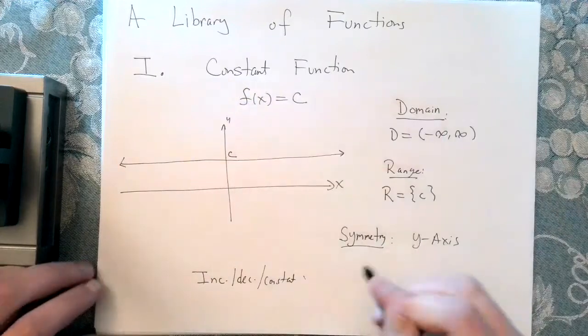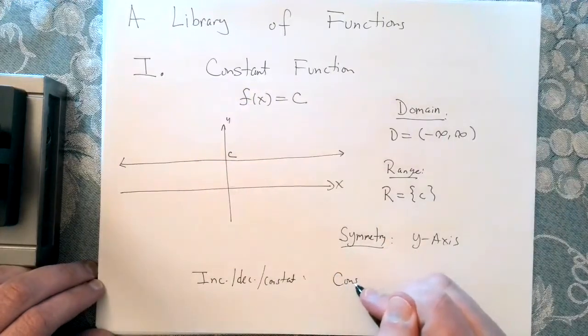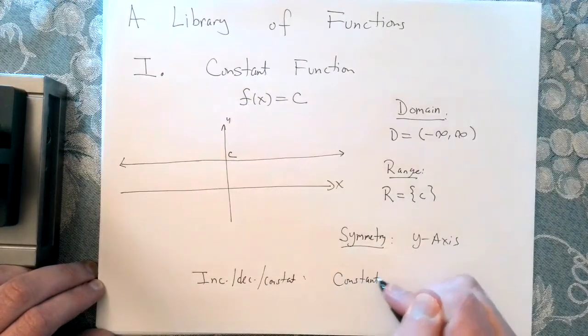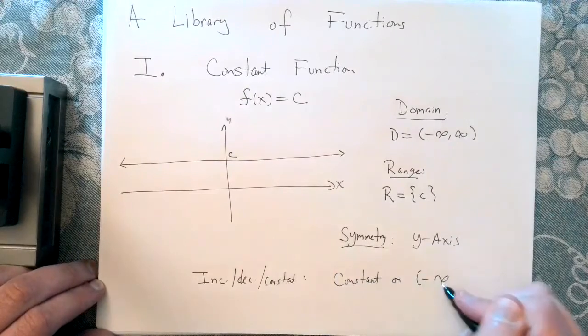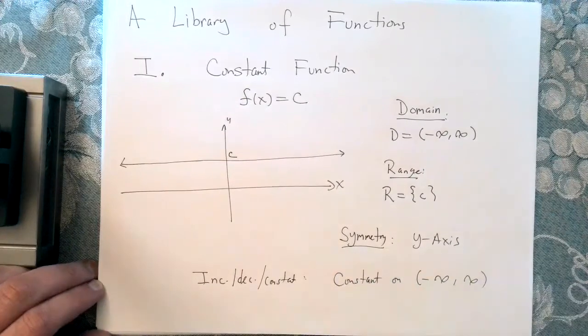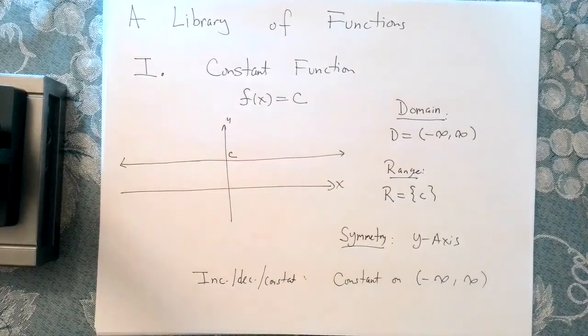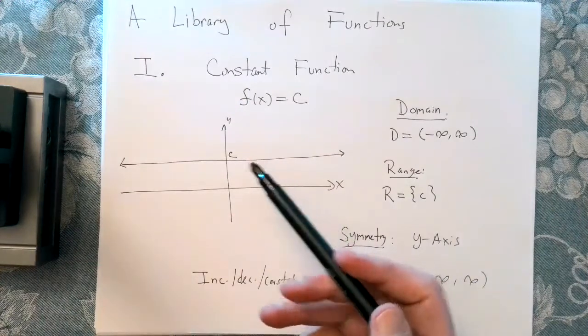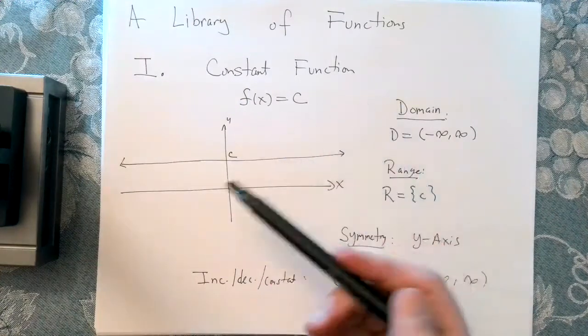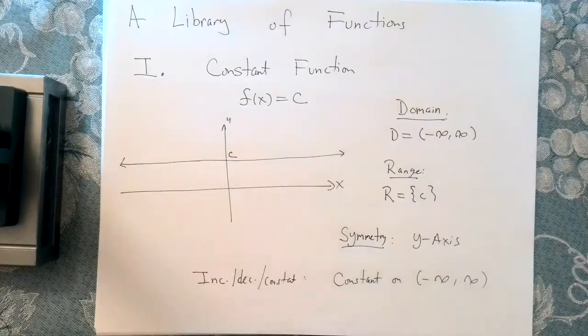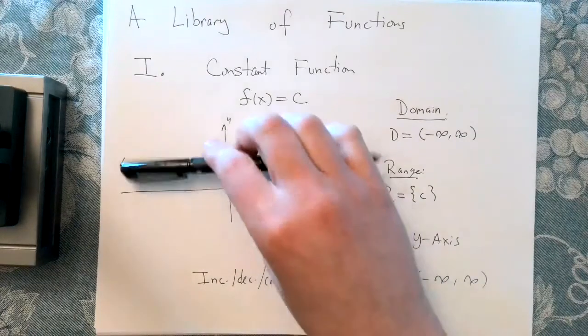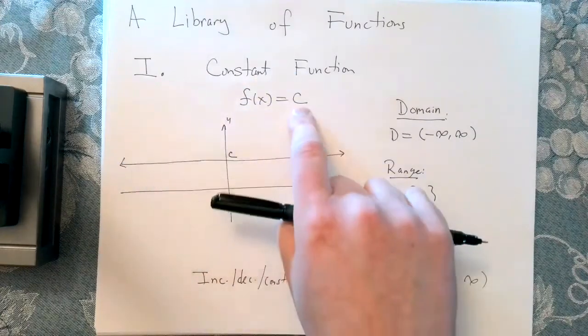Well, this function, of course, is constant on the interval minus infinity to infinity. Okay, so that's our first function in our library. So, for example, if I get something like f of x equals 10, you know what that looks like. f of x equals -7, right? This just sort of shifts depending on this number.